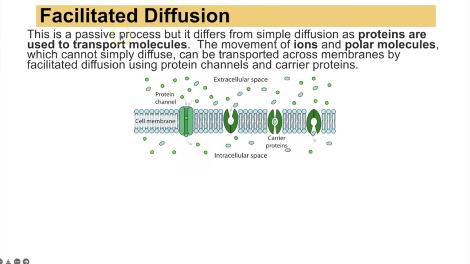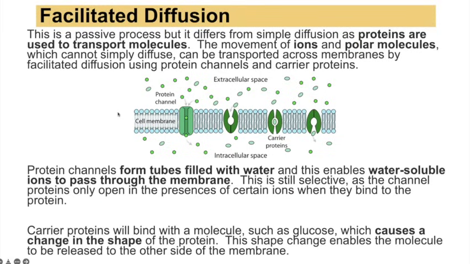And this is still a passive process because the molecules are moving from an area of higher concentration to lower, but because they can't simply diffuse through the phospholipids, instead they have to diffuse through proteins. Now this could be through protein channels, where we have those tubes filled with water, and therefore water-soluble ions can dissolve and then diffuse through.